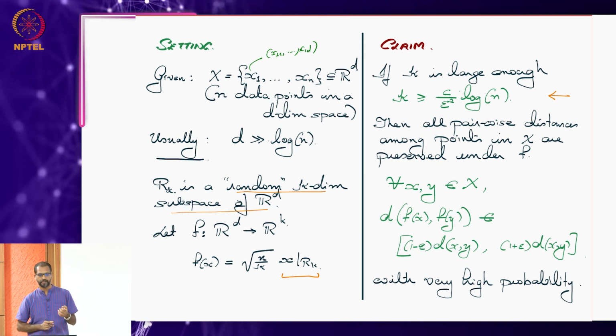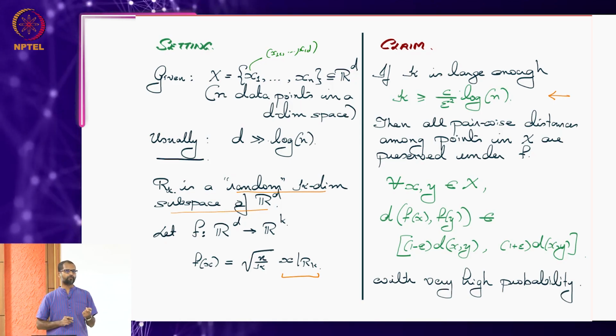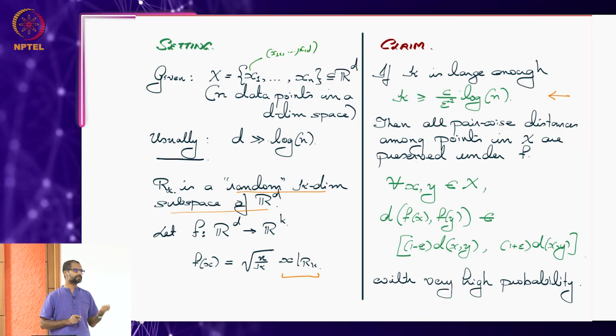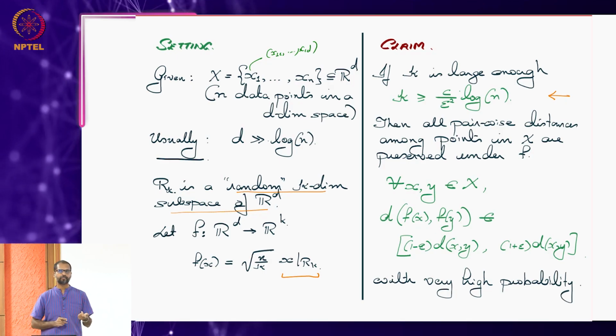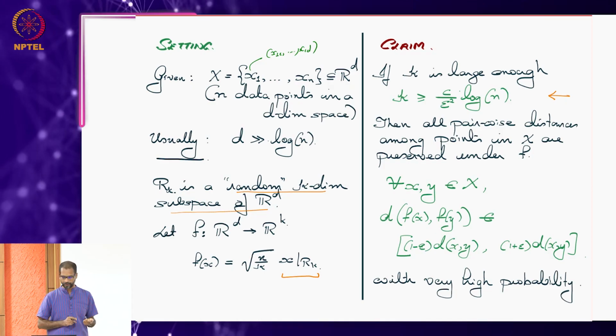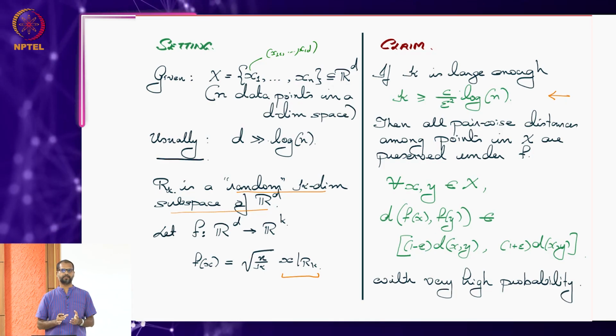What happens if the dimension is at least this? Then for every pair of points in your data sets, there are n points in your data sets, so you have n choose 2 pairs of data points. For every such pair of data points, their distance is approximately preserved.